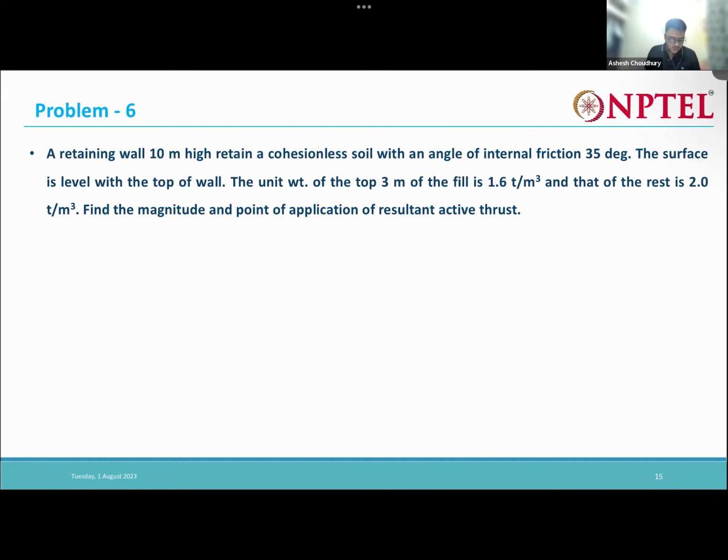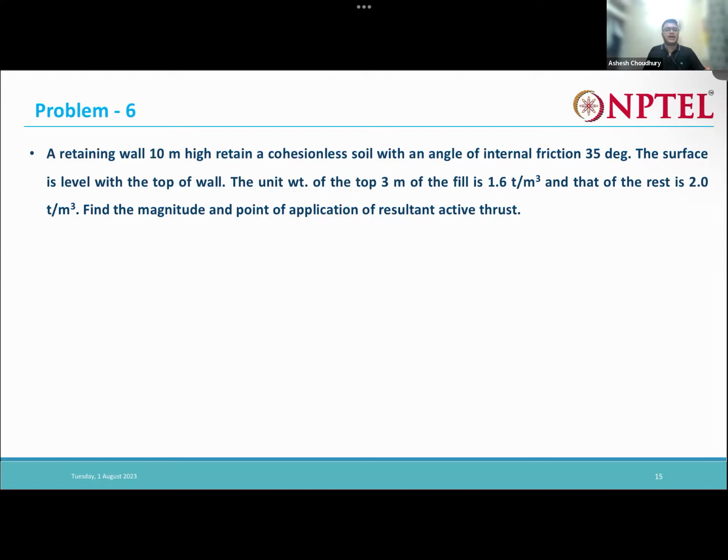Okay. Now let us solve one or two problems from this retaining wall topic, because this is important. We use geosynthetics regularly in retaining walls, right? To reinforce the soil, to build reinforced soil structures, we use geosynthetic material.